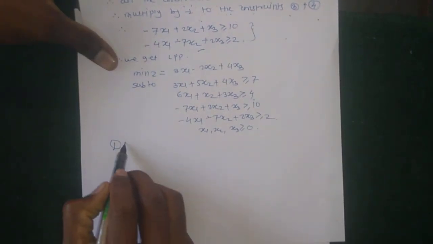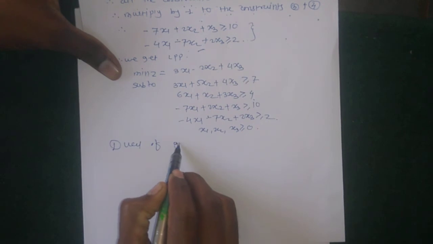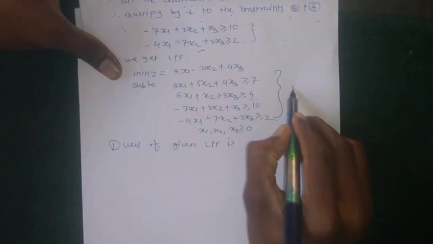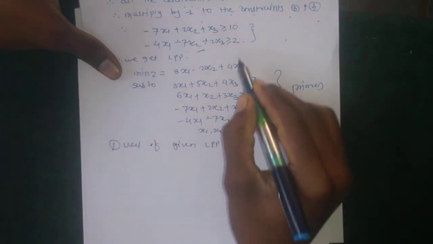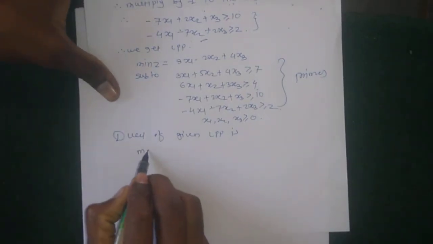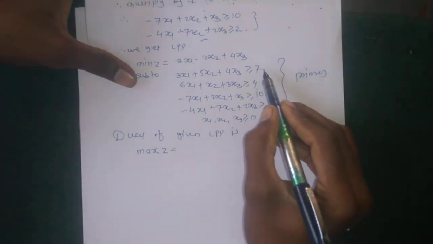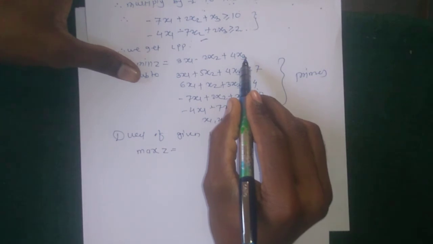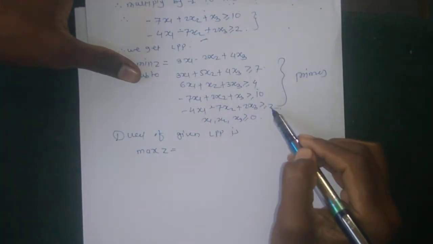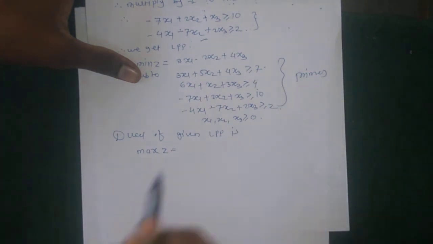Okay, so the dual of the given LPP. This is our primal problem, and then we find the dual of this problem. The dual is maximized type. Maximum z is equal to... here the number of variables is 3, so the constraints in the dual are only 3, and the number of constraints given is 4, so the variables in its dual are 4.